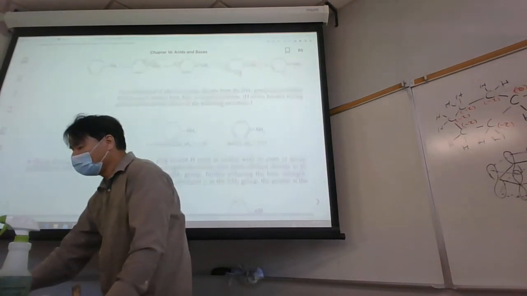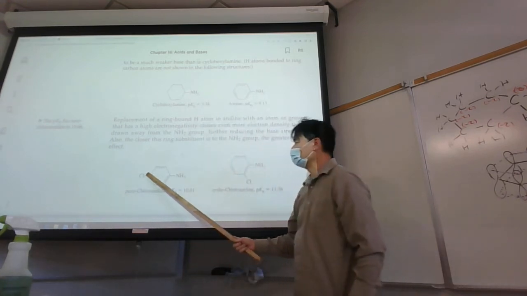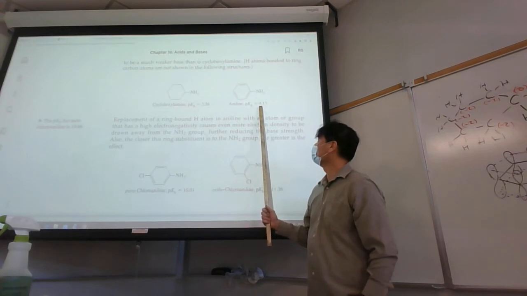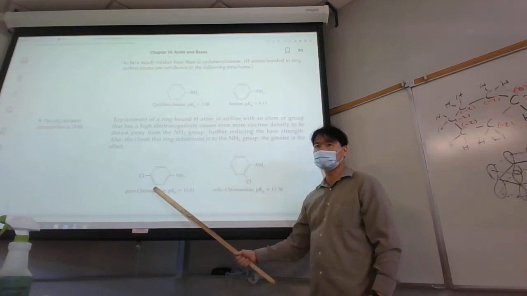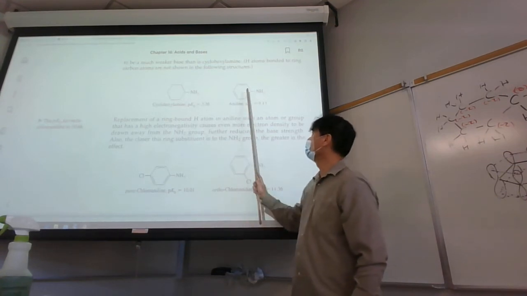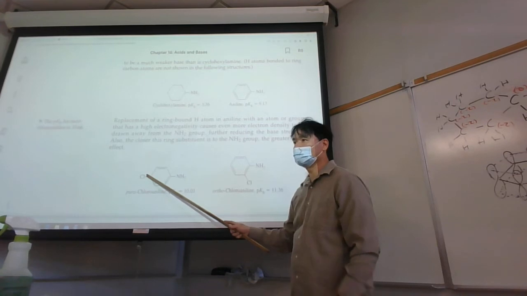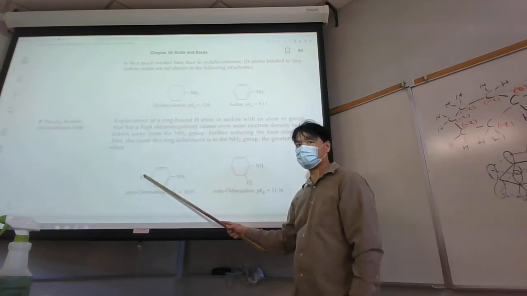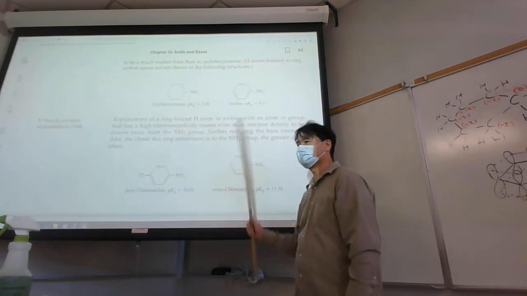So number one, putting electron withdrawal is going to make it even less basic. Do you see that? So we go from a pKb of 9 to a pKb of 10. It's less basic because not only do we have delocalization into the ring, we have what's called the inductive effect, right? The inductive effect is sucking electron cloud density towards the chlorine, the more electronegative atom here, making this even less basic.